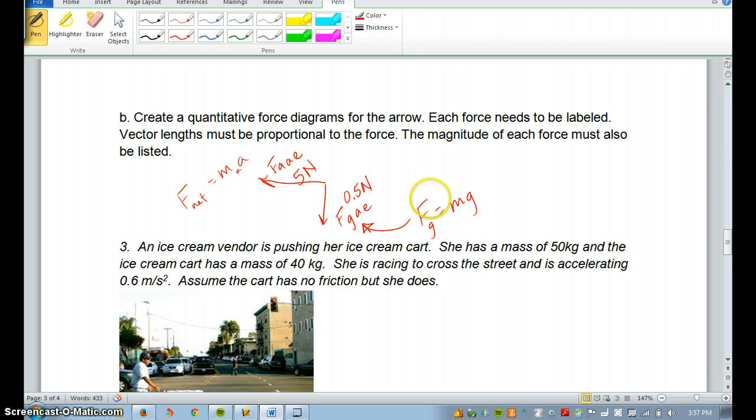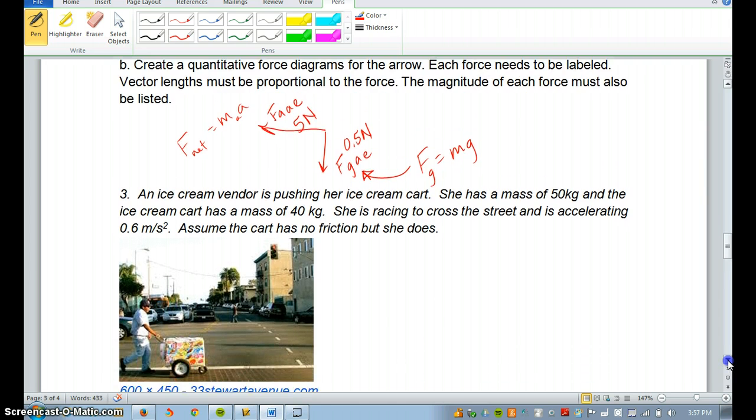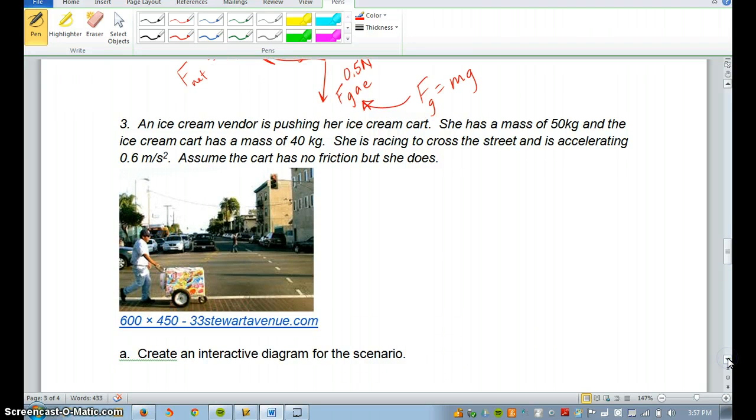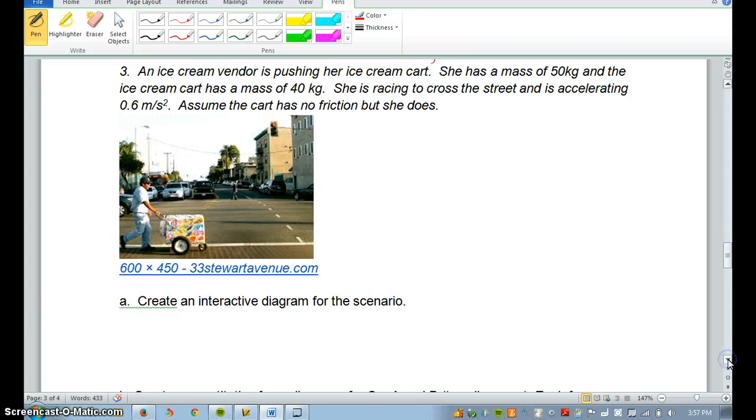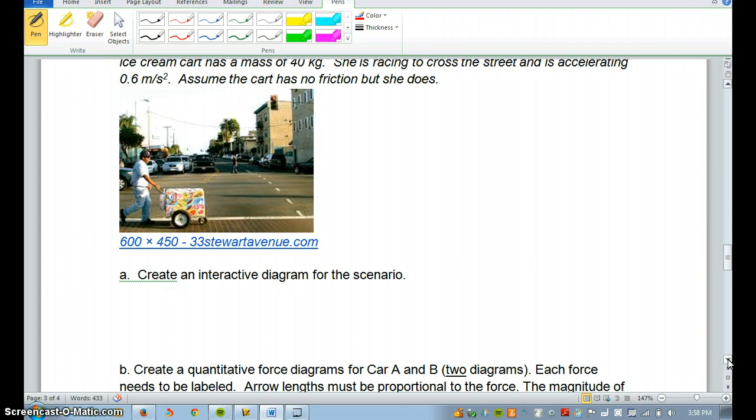We have the ice cream cart vendor. This is so similar to the one that we have done as an example. I want to just again do the force diagram so I can make sure that I give you all the information. So just so I can write this information down, it looks like the cart has a mass of 40 kilograms.